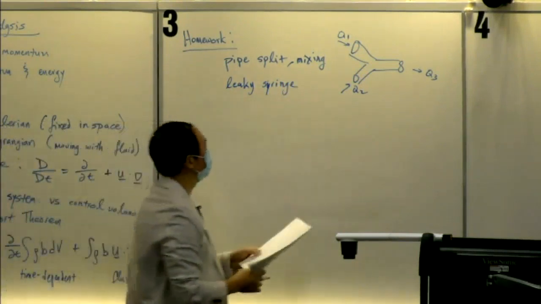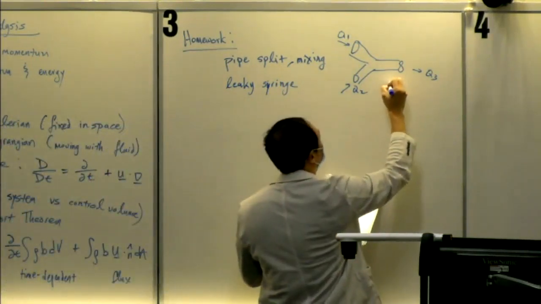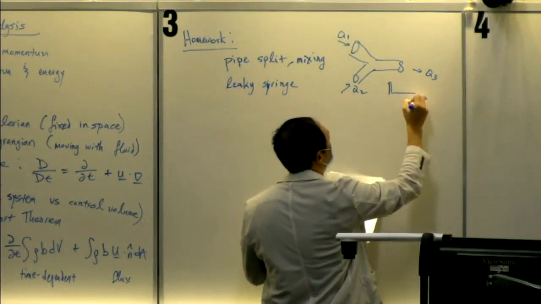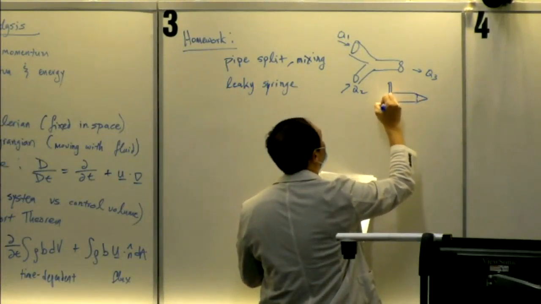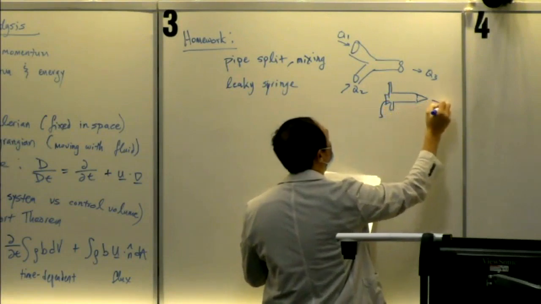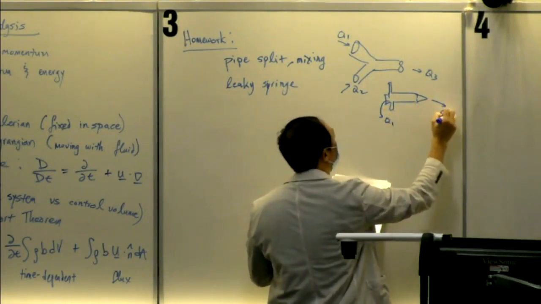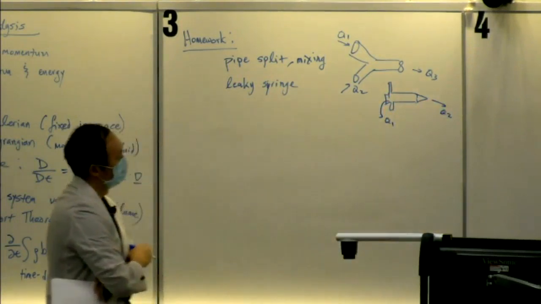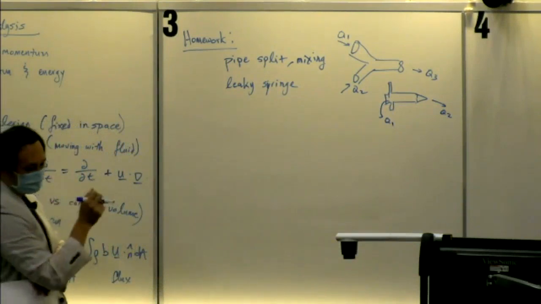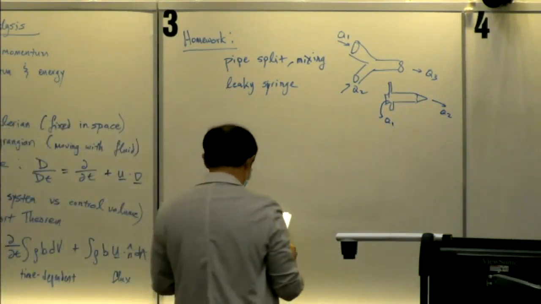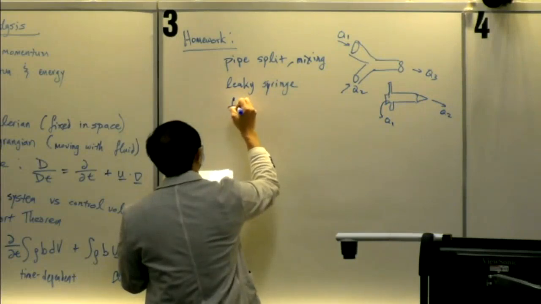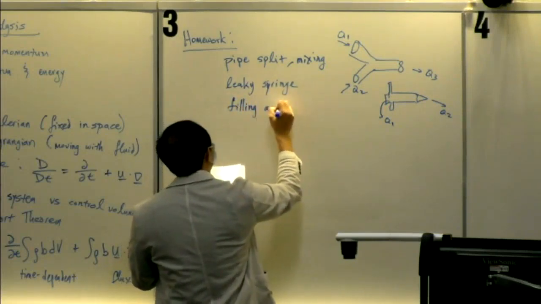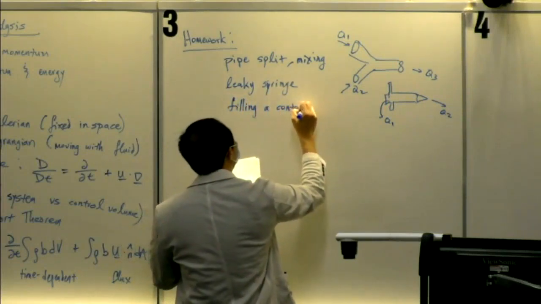But if you've got a leaky syringe, what if you basically got Q1 and Q2, stuff that's leaking out the front and the back? What can you say about how quickly you need to push the syringe? We'll talk about the rates to fill a container.